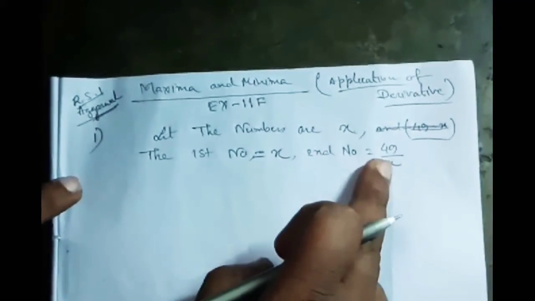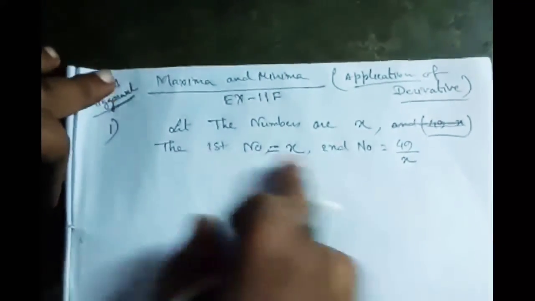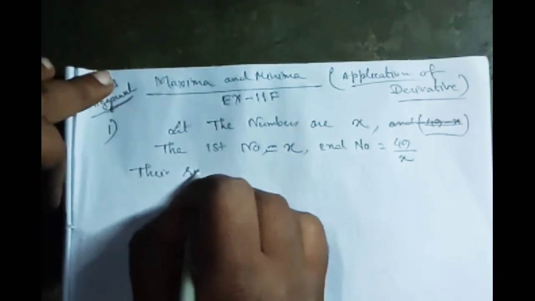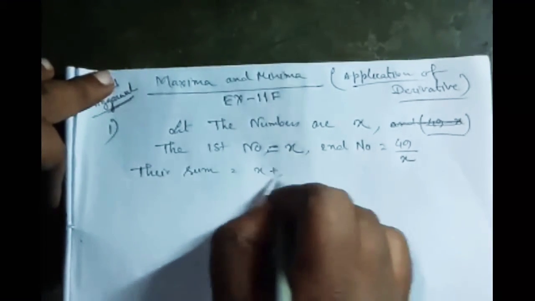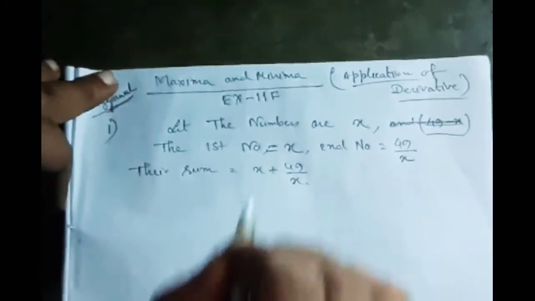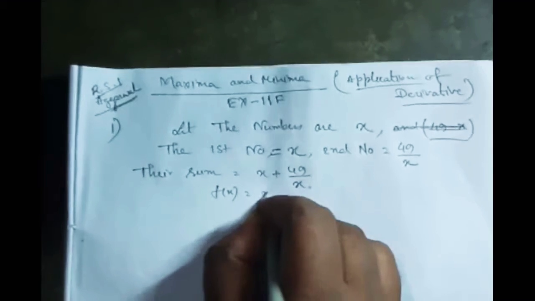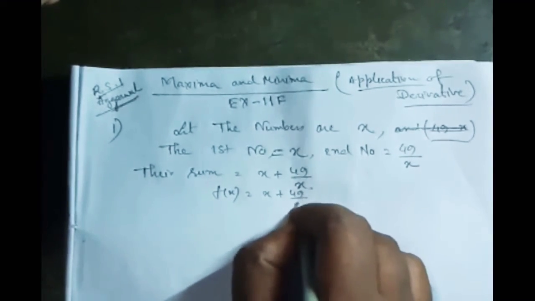If we multiply this we will get 49. Now their sum is x plus 49 by x. We will denote it as f(x). So f(x) is equal to x plus 49 by x.